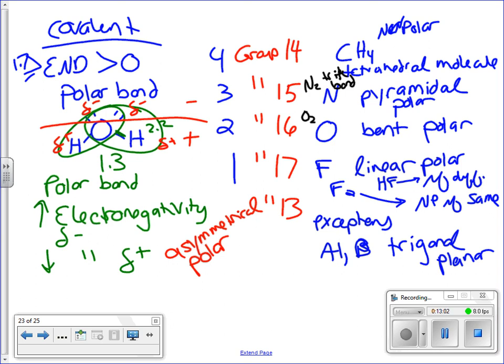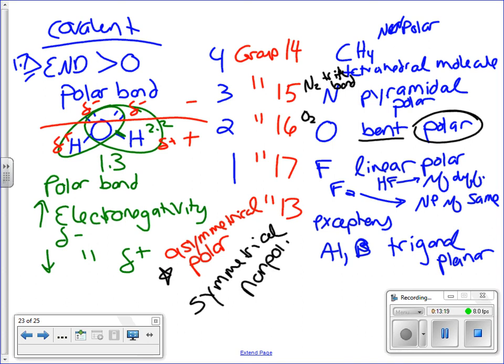You do not need to know the shapes as much as you need to know the polarity versus nonpolarity. Be able to recognize a symmetrical molecule is nonpolar and an asymmetrical molecule is polar. If it has lone pairs of electrons, as long as they are not exactly the same as the lone pairs on the other side, it is polar.